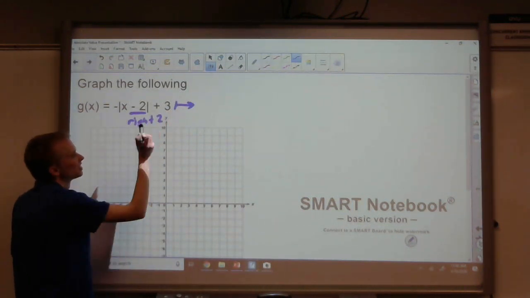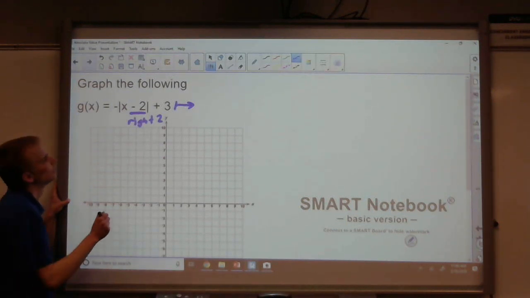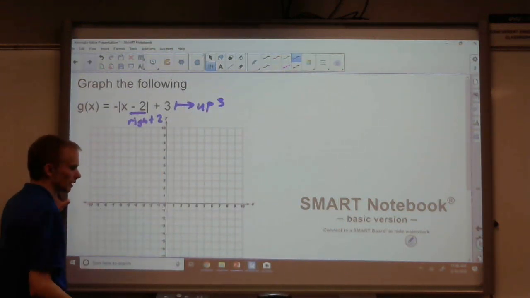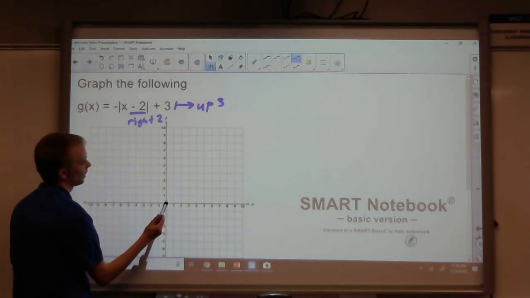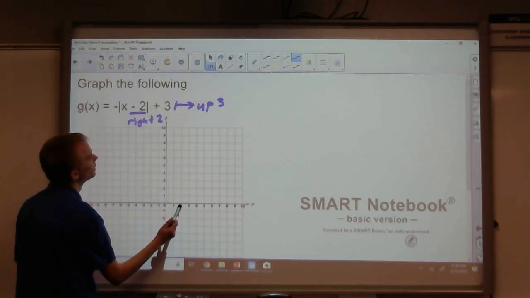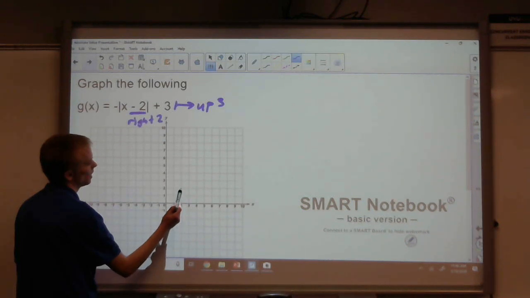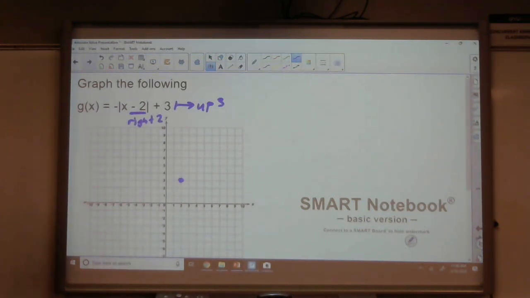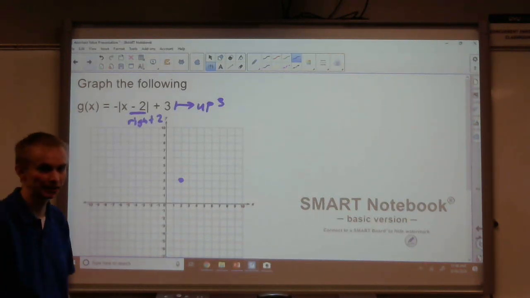And this plus 3 tells me I'm going to be up 3. Okay? So let's go ahead and get there. Right 2, and then up 1, 2, 3. So right there, that's where the corner point is going to happen. Okay?